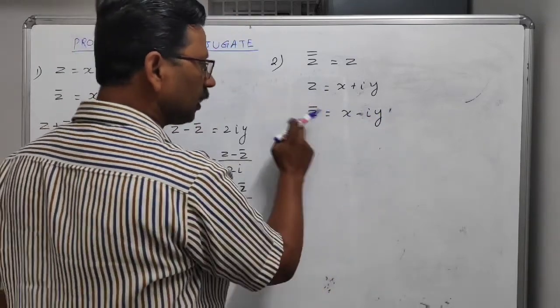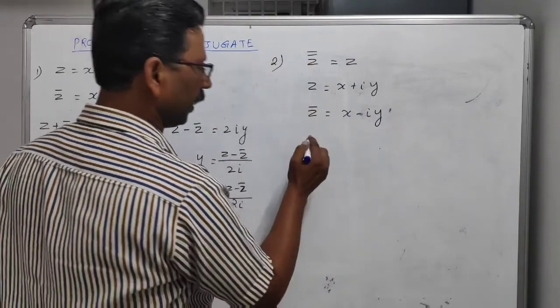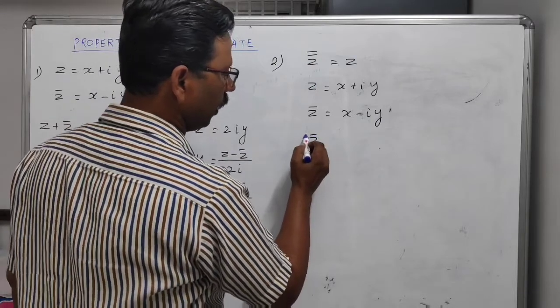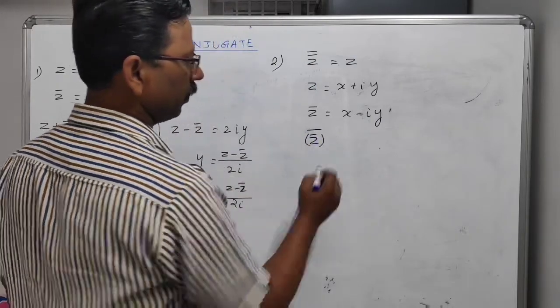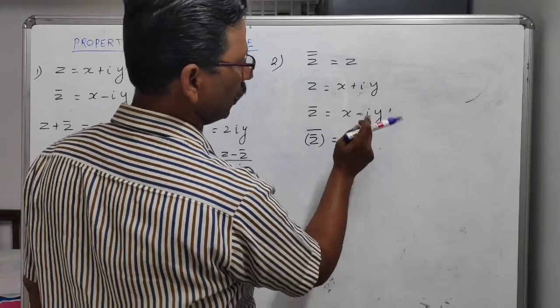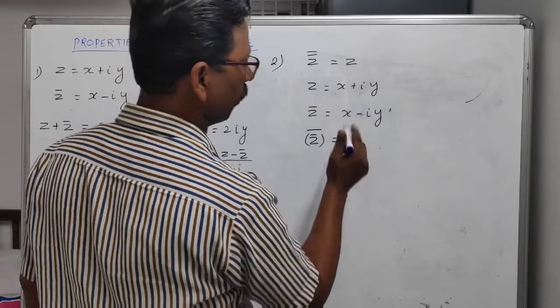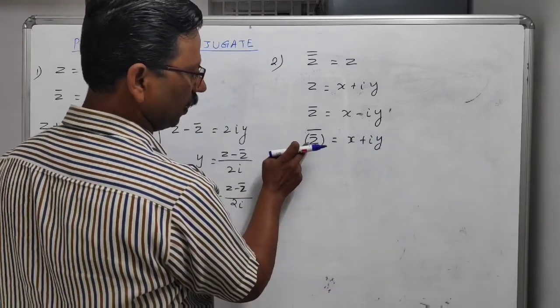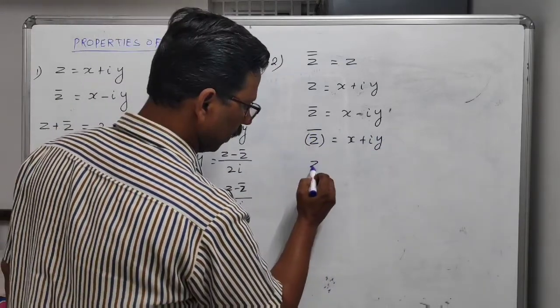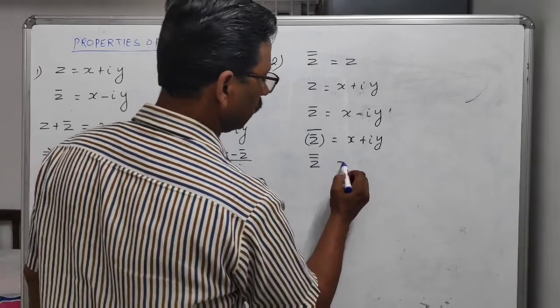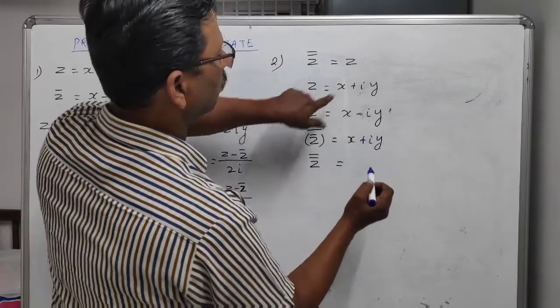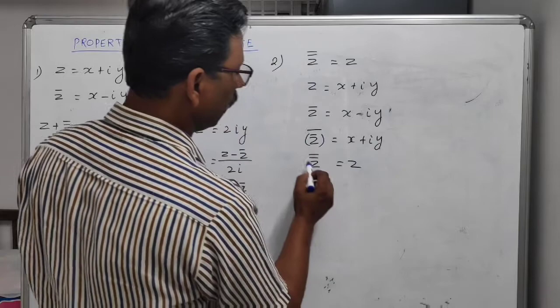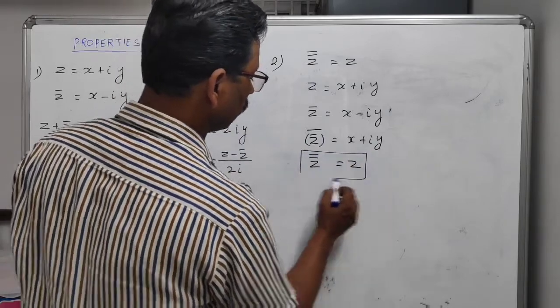Now for this z bar, you have to find the conjugate, that is z bar whole bar, which means I change the sign of the imaginary part. That you can write as x plus iy. Therefore, z double bar is equal to x plus iy, which is the z value. Therefore, z double bar is equal to z.